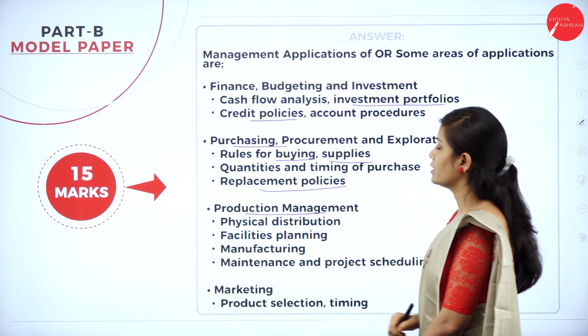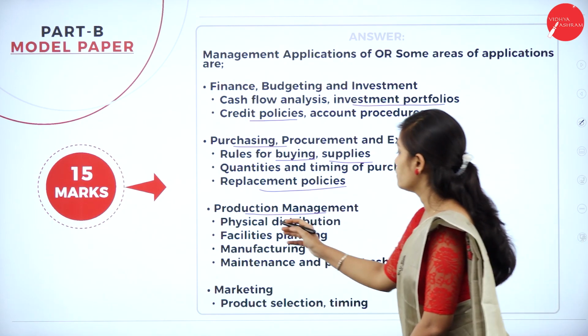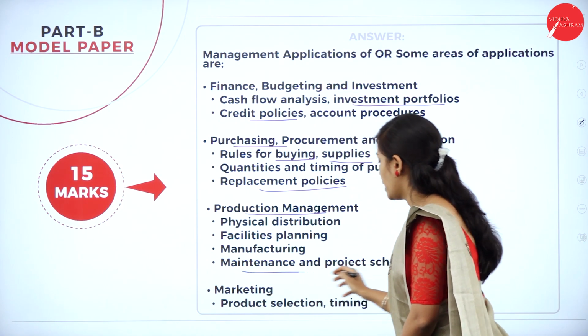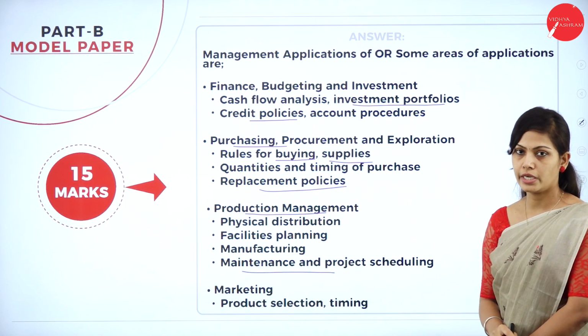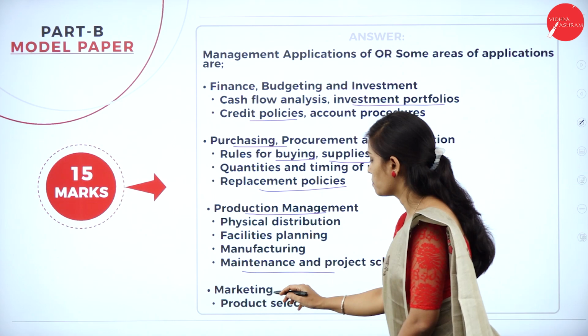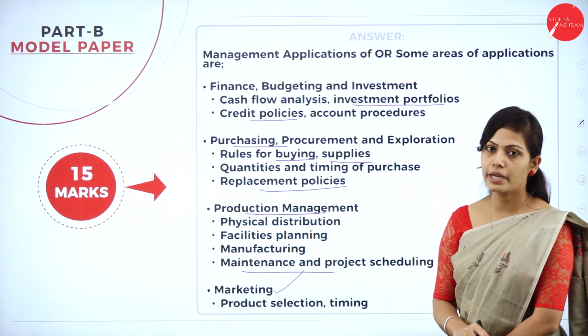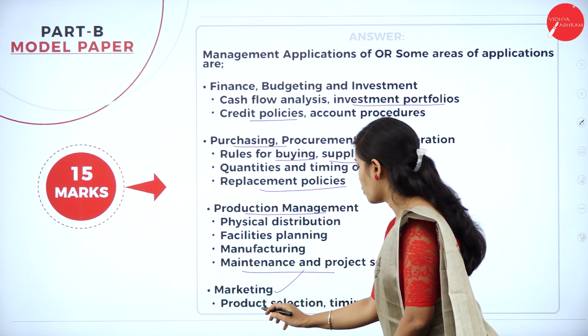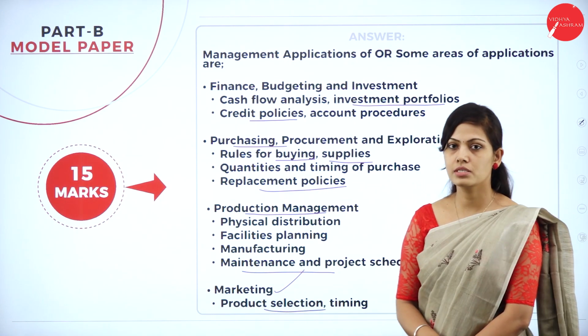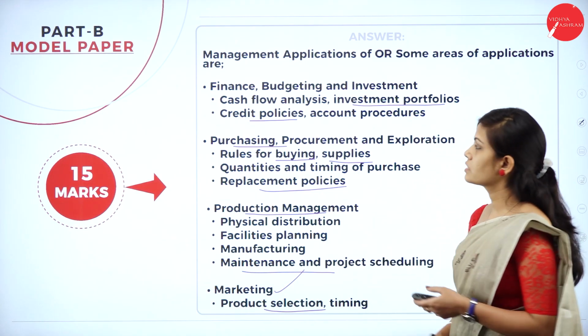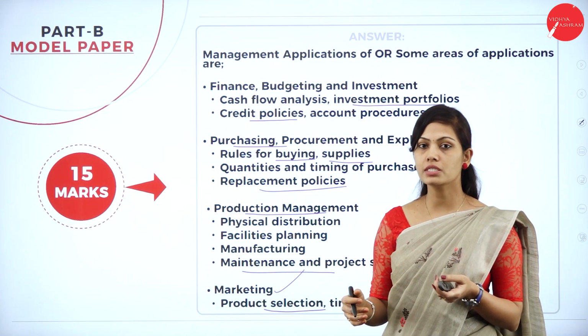And production management is a very important concept: physical distribution, facilities planning, manufacturing and maintenance and project scheduling. And the last one is marketing. In marketing management, we are applying operation research: product selection and timing are points in marketing. Is it clear? This is for 7 marks. So you have to explain all this.